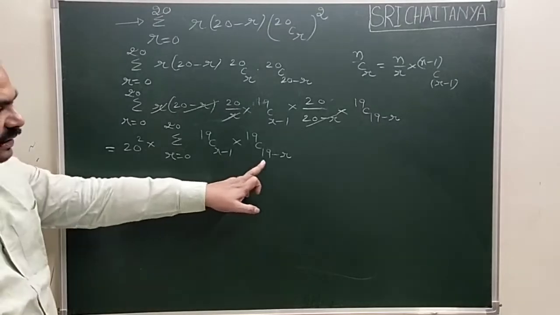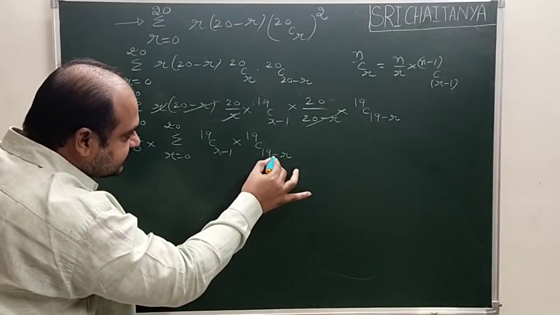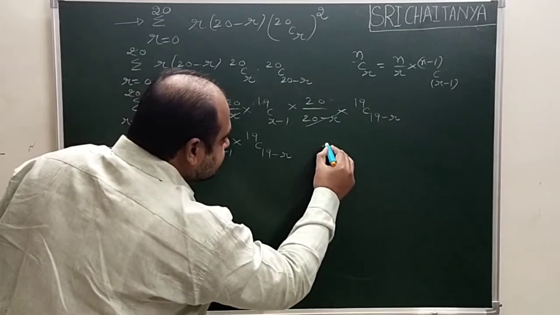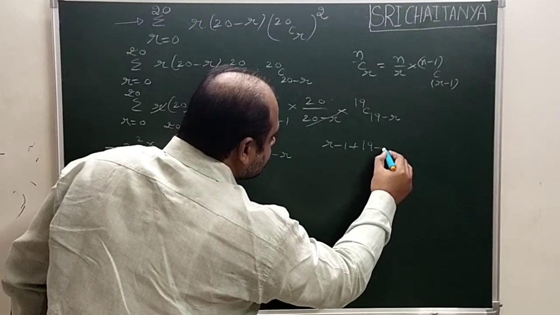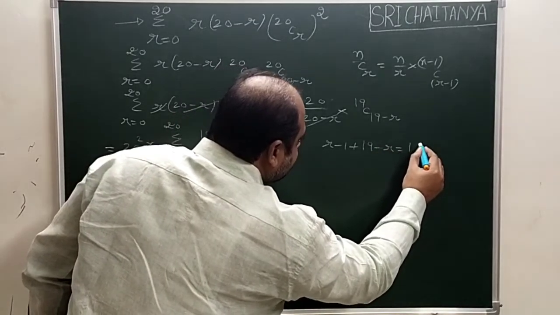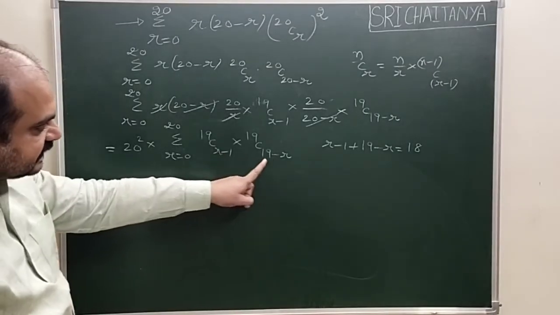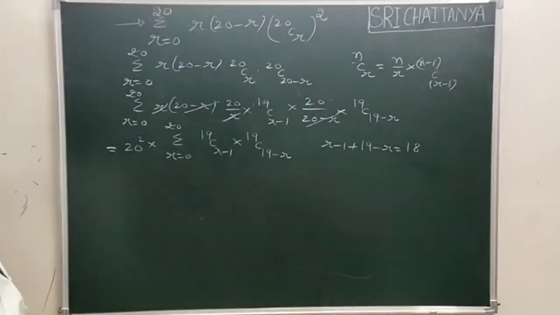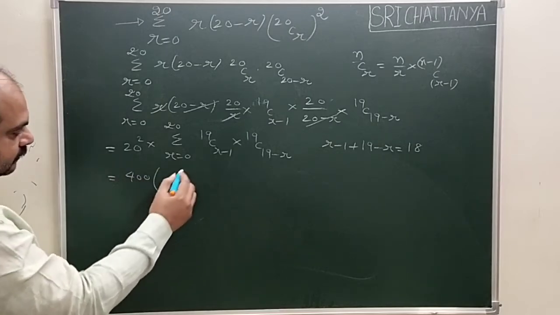Now got product of two binomial coefficients. Look at, if we add this and this, it is constant. This is 18, this is 18. This suffix plus this suffix is constant. That means this is 400.